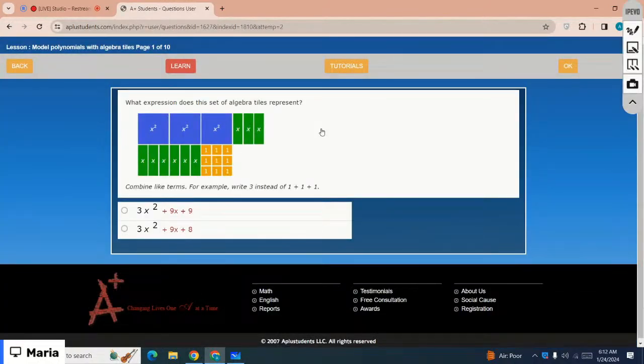What expression does the set of algebra tiles represent? So which is the correct option? Which is the correct option?